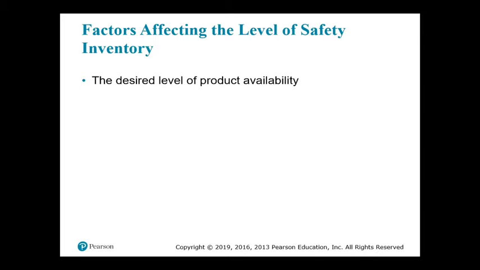In our context, when determining the optimal level of safety inventory, we consider that the desired level of product availability is already determined. This is generally a strategic level decision of the company. Obviously, the more available we make the products, the more inventory we need to hold.